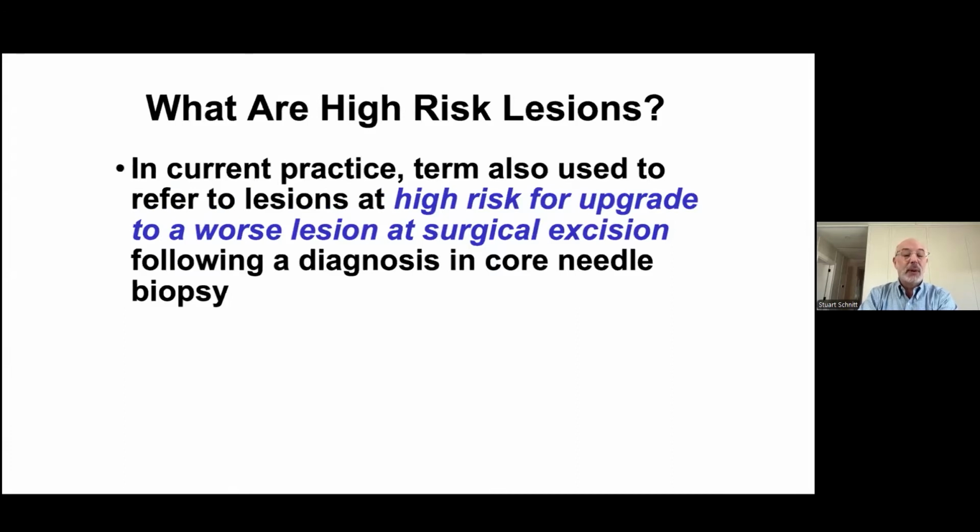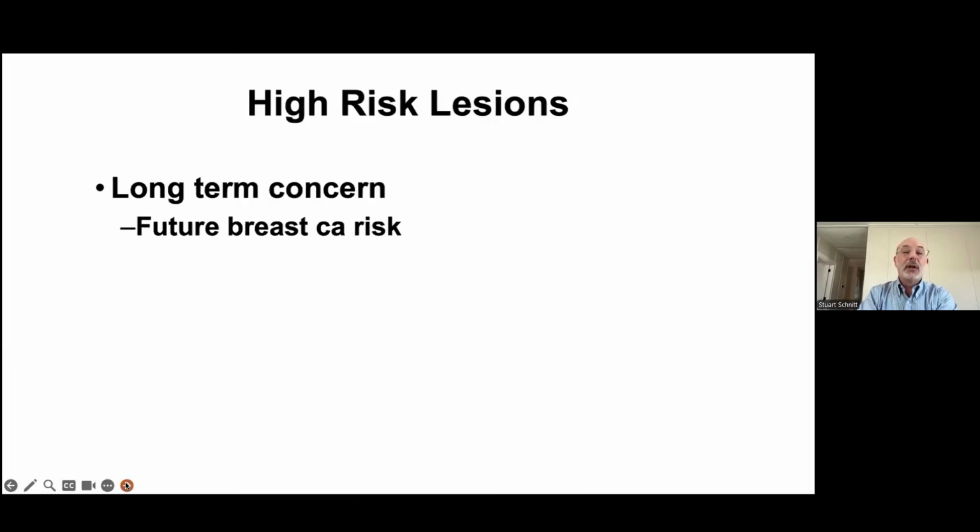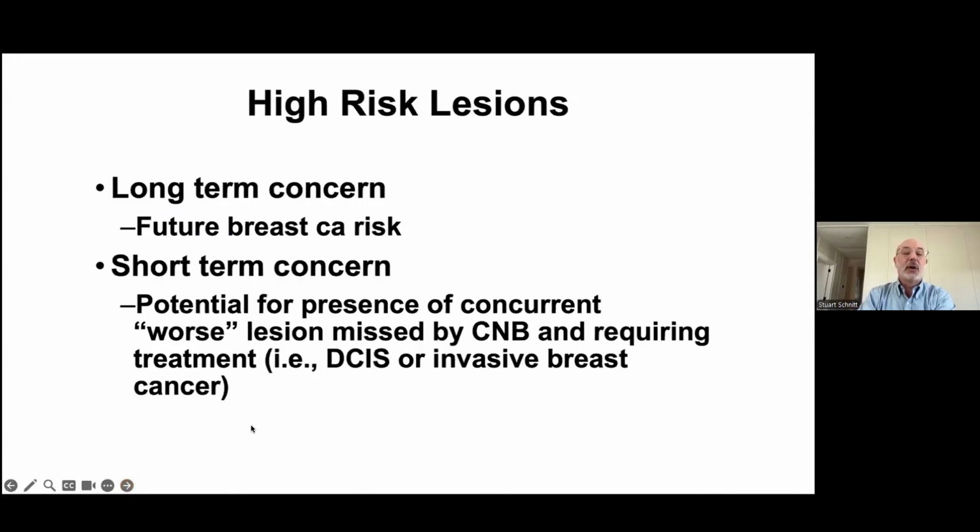So basically what we're talking about here are the long-term concern for the future risk of breast cancer and the short-term concern for a potential for the presence of a concurrent worse lesion missed by core needle biopsy and requiring treatment at the time of the biopsy. And by a worse lesion, we mean DCIS or invasive cancer.